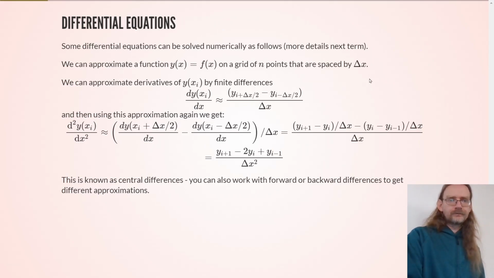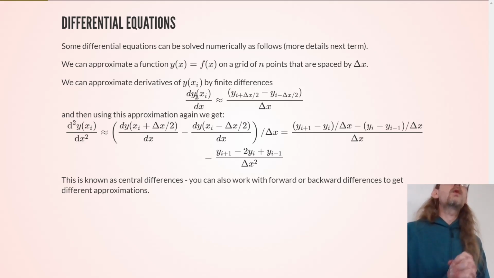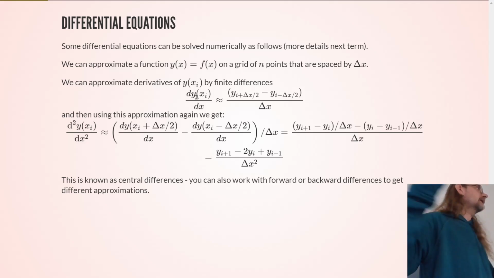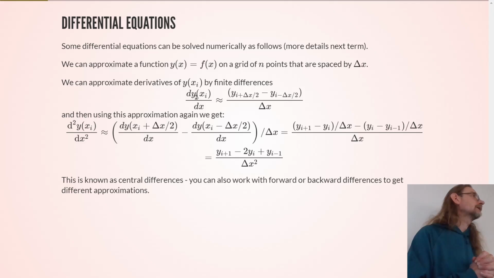Now, what are we going to do to calculate the second derivative operator? Well, let's estimate the derivative of our solution, our y. So I'm writing my differential equation in terms of d2y dx2 equals something, or something along those lines.